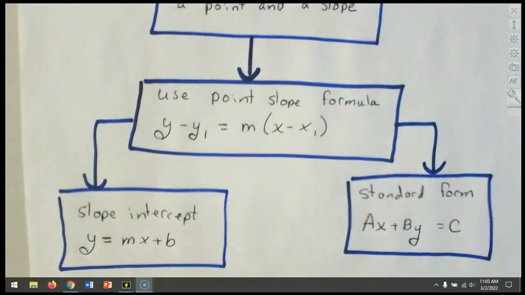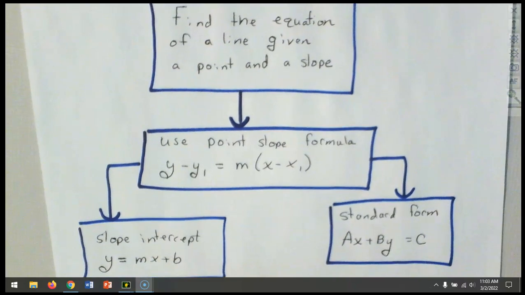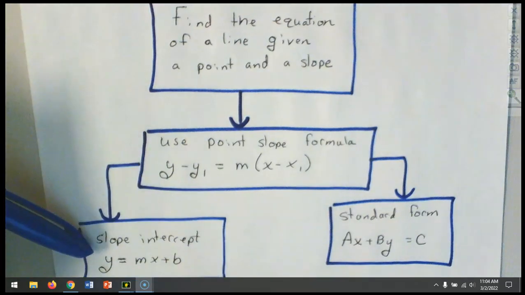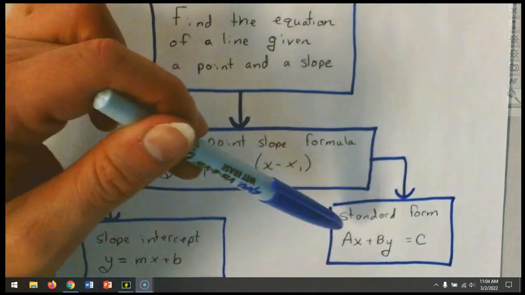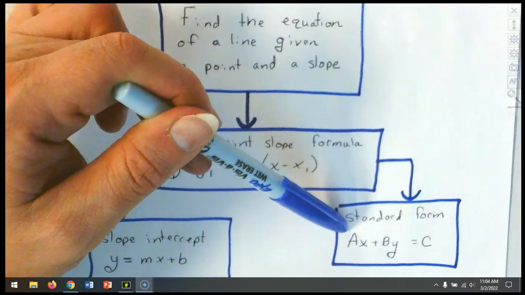Okay, so we kind of zoom out so you can see the entire flow chart here. So this is what we're doing. We're going to find the equation of a line, and you're going to be given a point and a slope. This one, there's not a lot to do. You take your point, you take your slope, you put them in point-slope formula, and then you either solve it for y and get the slope-intercept form, or if it asks for it, get the x and the y on the same side and get standard form.